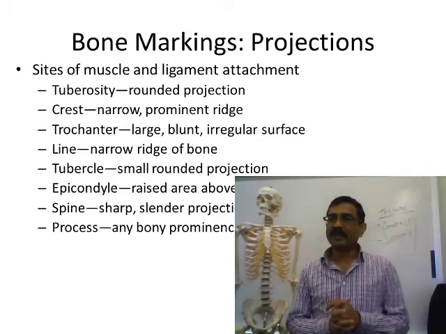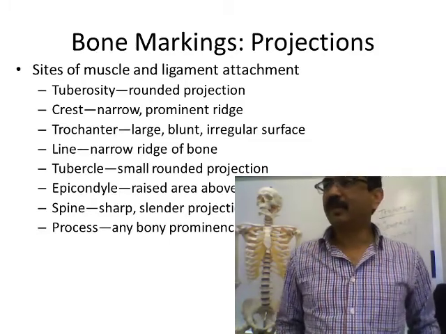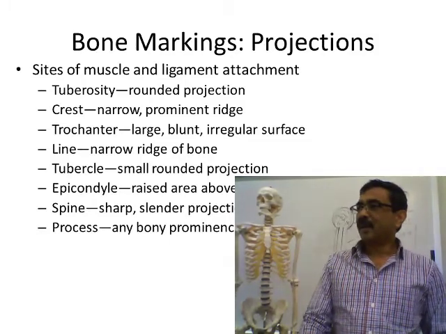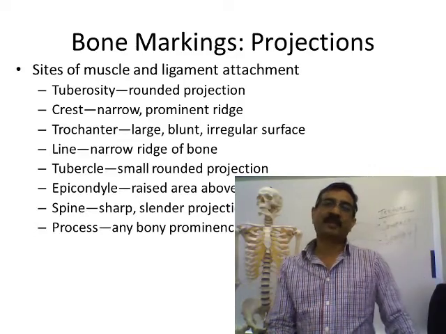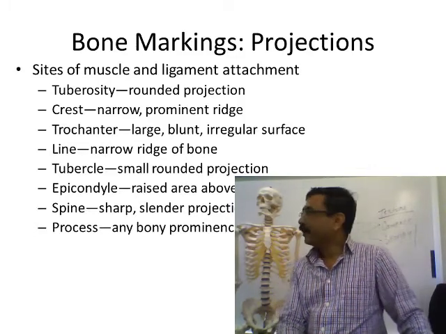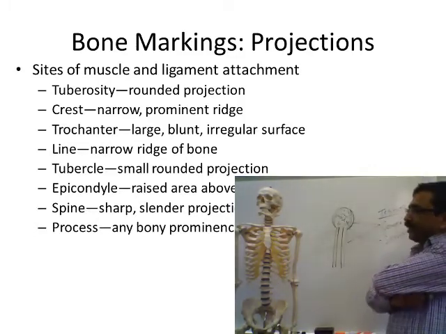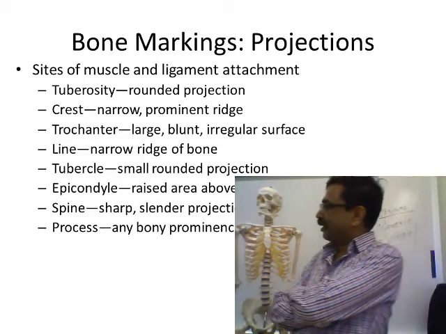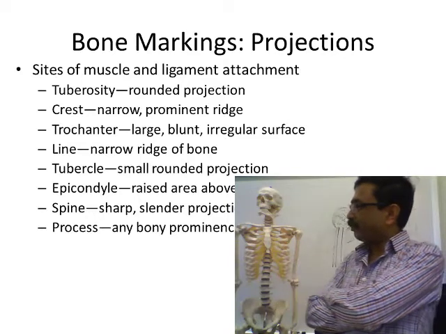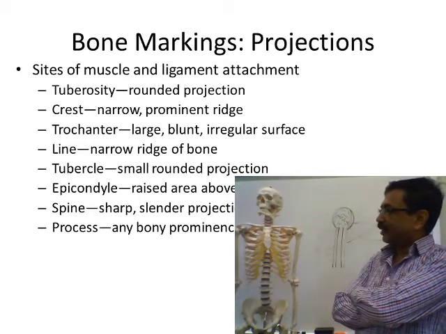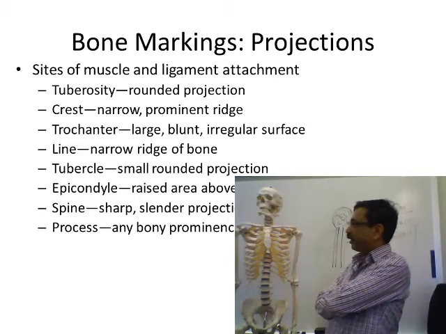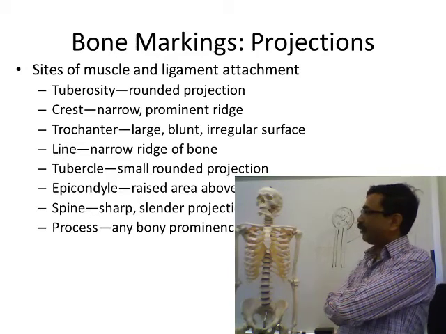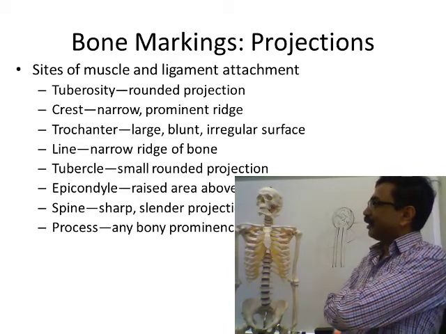So first we'll see which structures on the bone are for the attachment of the muscles and ligaments. Tuberosity, crest, trochanter, line, tubercle, epicondyle, spine, process. So these are the structures that provide attachment to the muscles and ligaments.